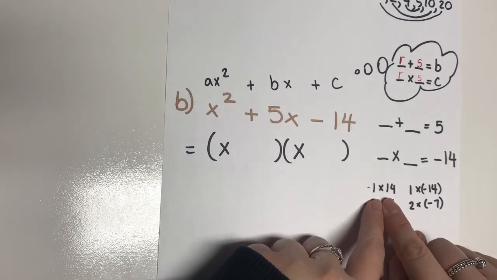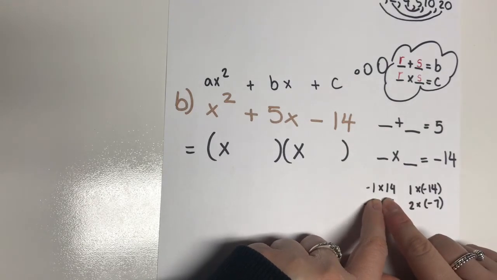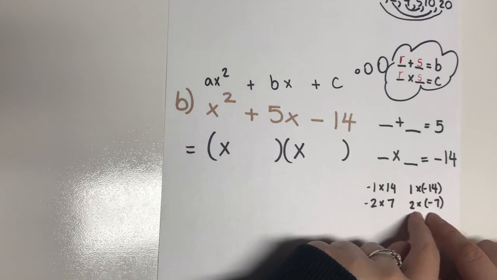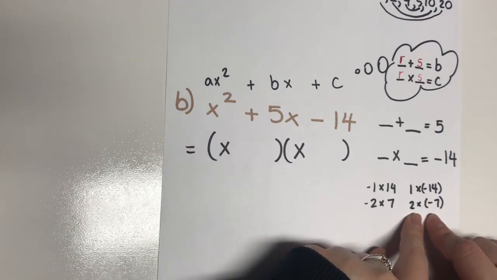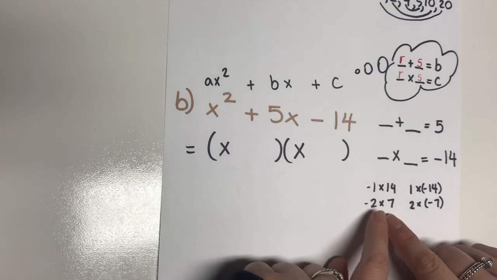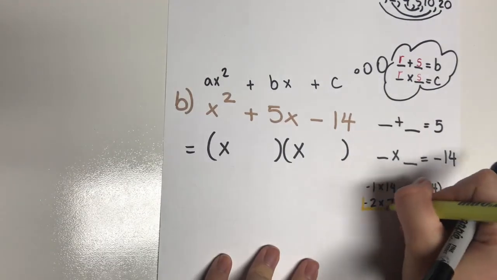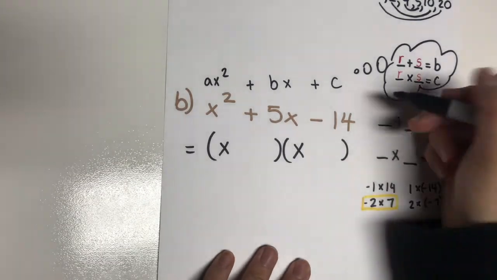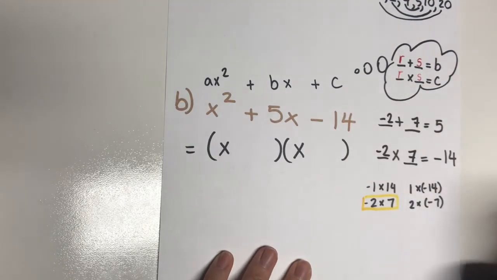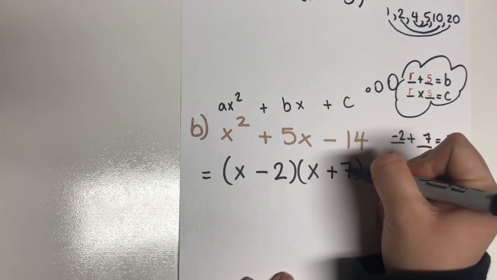So negative 1 and 14 give us 13, so that doesn't work. 1 and negative 14 give us negative 13, so that doesn't work. 2 and negative 7 give us negative 5, but negative 2 and 7 give us positive 5. So this is our answer. That's what I'm multiplying and adding. So negative 2 and 7, and that's what I'm going to fill in over here. Negative 2, positive 7.